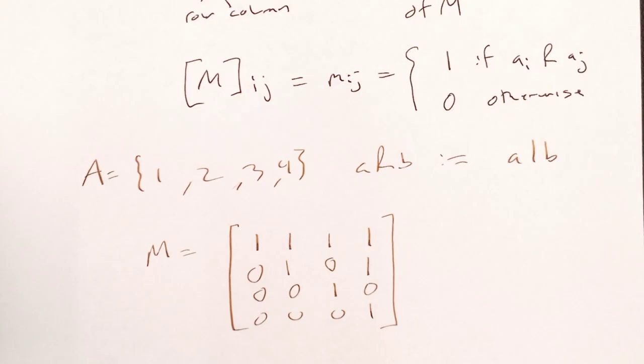Ta-da! If I am doing a relation from A to B, then A defines the rows, B defines the columns. The same idea still applies.